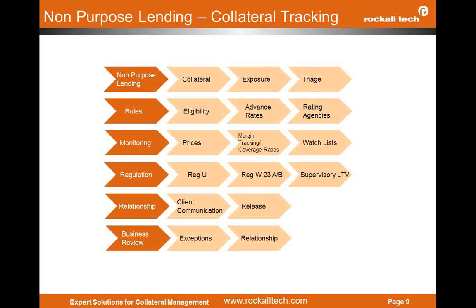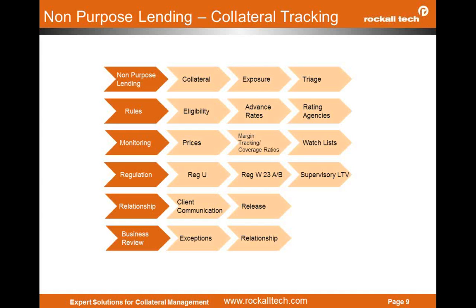So now to get into a little bit more detail, this is a very busy slide, and I'm going to touch on some of the subjects that are covered here. The key to non-purpose lending, as I said, is bringing customer exposure and collateral data together, so you can track on an automatic basis margin positions or client positions.